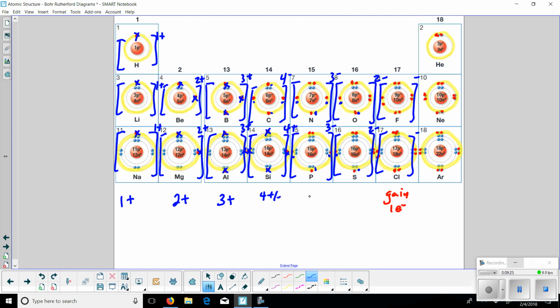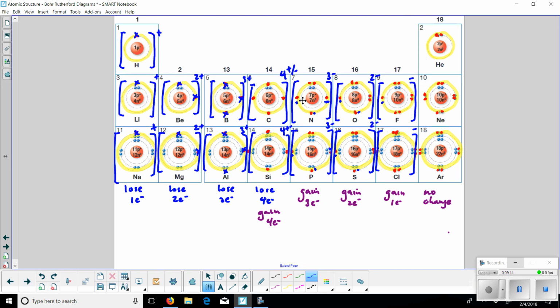Phosphorus is going to gain 3, so anions, 3 negative charge. Sulfur group and oxygen group 16, 2 negative, 1 negative. And remember, the noble gases are stable. They do not change the number of electrons, so stable electrons. And that's summarized over here in this chart as well.